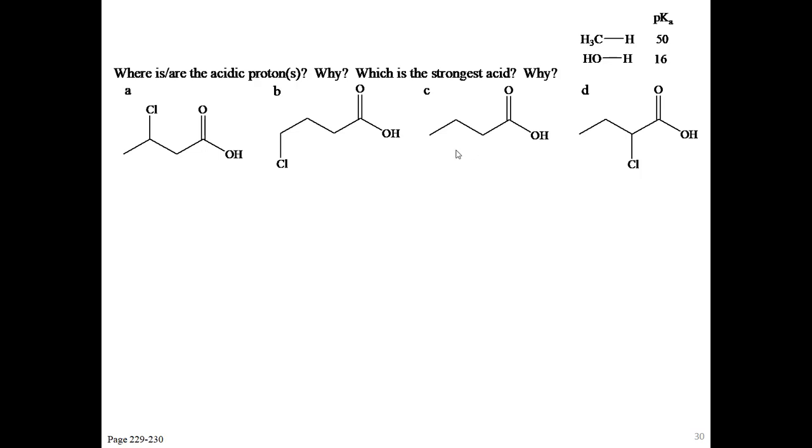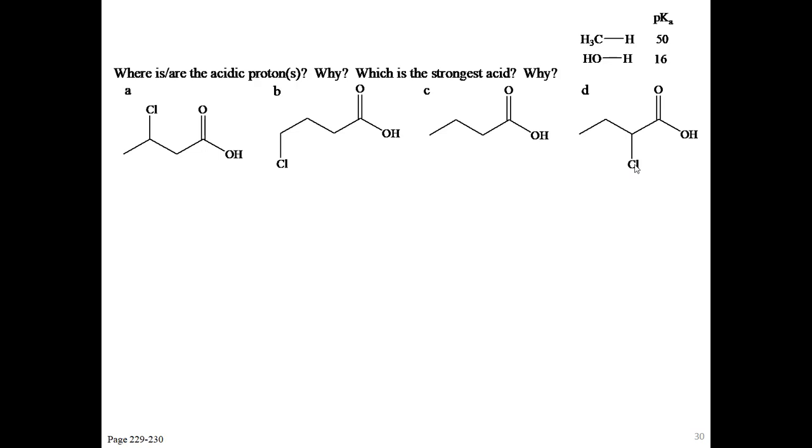So whatever it is, it's our reference. Now if I come along and put a chlorine here, I'm thinking pull the minus charge through the sigma bonds towards the chlorine, delocalize it a little bit, and this will be easier. So now the difference is I have a 2-chloro, I have a 4-chloro, and I have a 3-chloro.